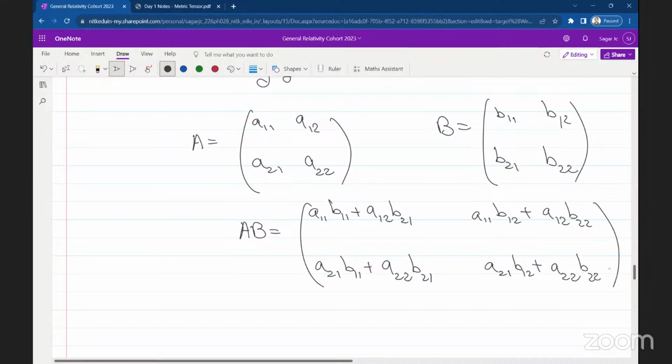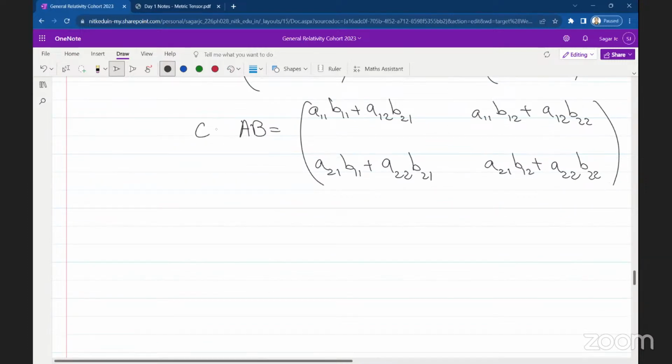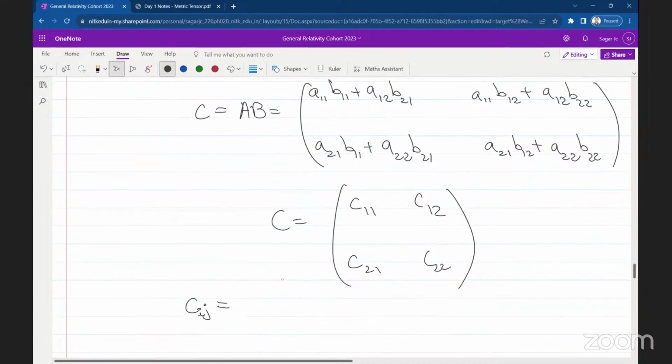So if I write AB equal to some C, with C having entries C11, C12, C21, C22, now what is Cij? Just say what is C11. It is simple: A11 B11 plus A12 B21.